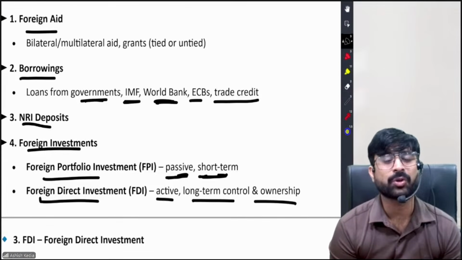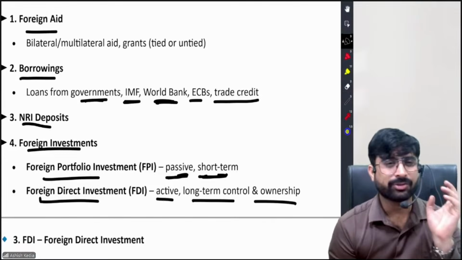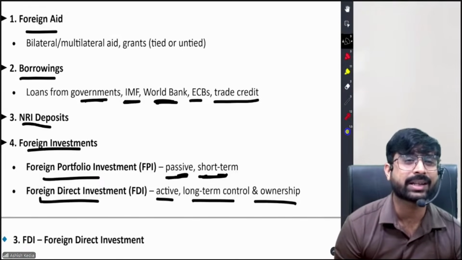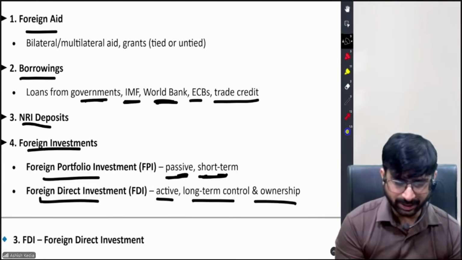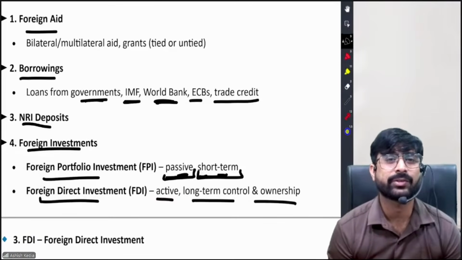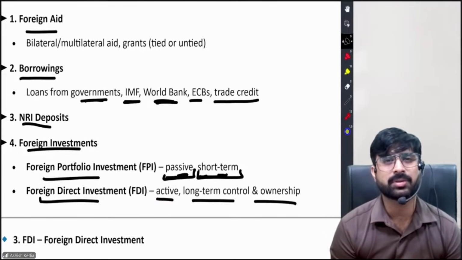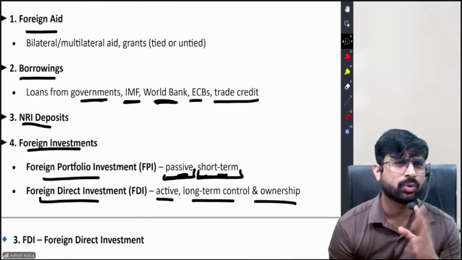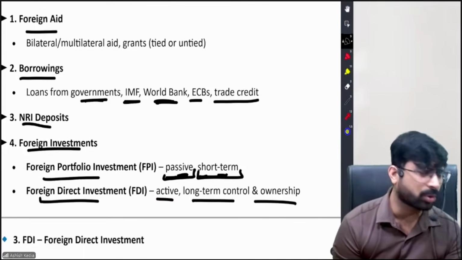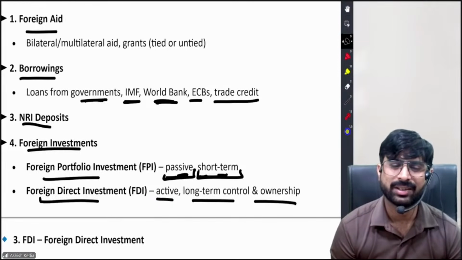But what is foreign portfolio investment? The foreign investor invests in your country with a passive, short-term strategy. Their idea is not active business management. They are not concerned with what your business is doing in detail.